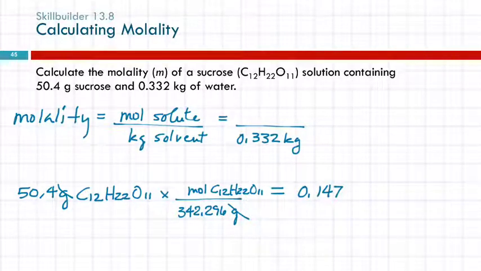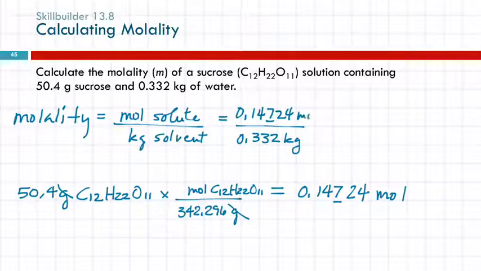So there's my 3.147. Write down 2 extras to avoid rounding errors. So that's the moles I need. I'm going to take this, and I'm going to put that in the numerator of my equation. 0.14724 moles.